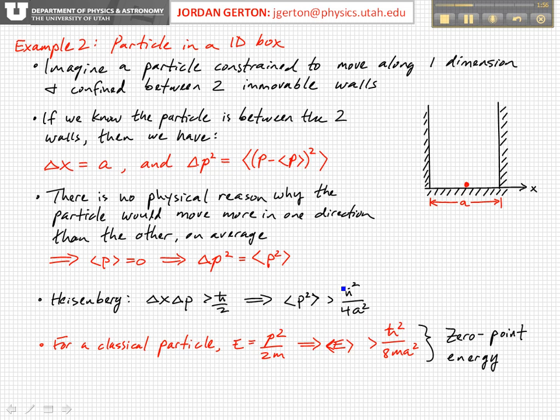For a classical particle, that is for a particle which is moving at non-relativistic speeds, the energy is related to the momentum simply as p squared over 2m. And so the average energy, using this relationship for the average value of p squared, is going to be greater than h bar squared over 8ma squared.